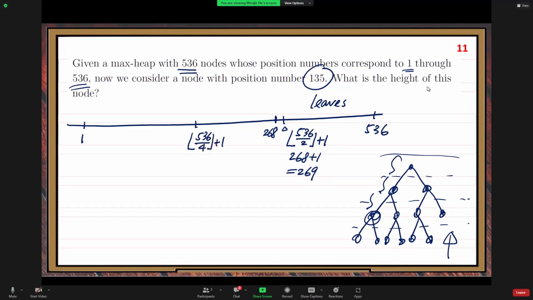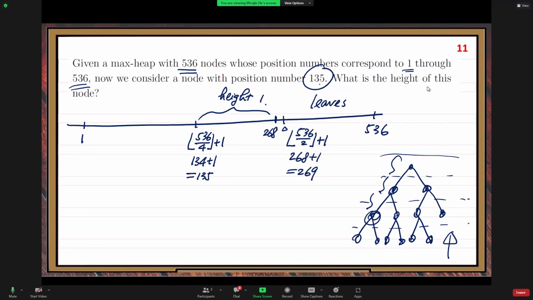Based on our formula, let's calculate it. 1, 3, 4 plus 1. That equals 135. This is height 1. Height 1 node.